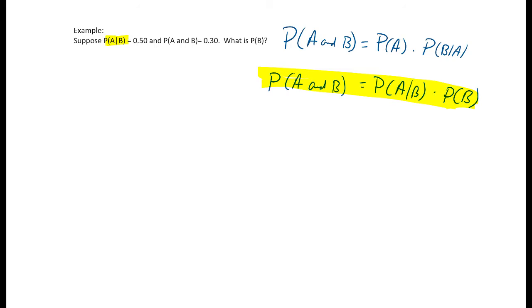Using that second one, let's put in the information that we know. We know A and B is 30%, 0.30. We know that equals the probability of A given B, which is 50%, times the probability of B. This is the unknown quantity. As you learned from your basic algebra class, to solve this equation for the missing quantity, we're going to divide both sides by 0.50.